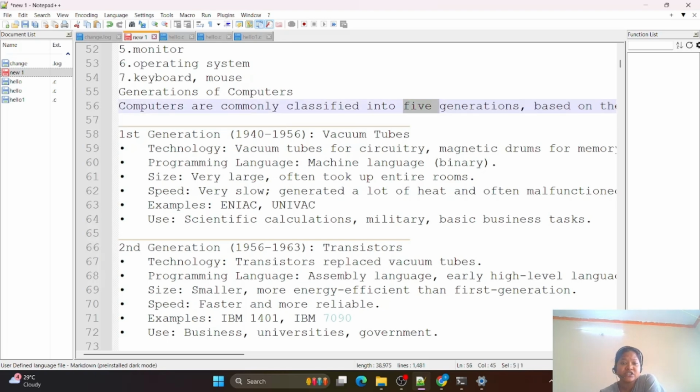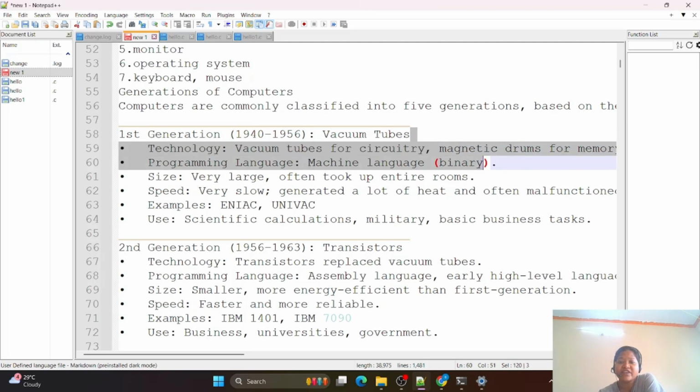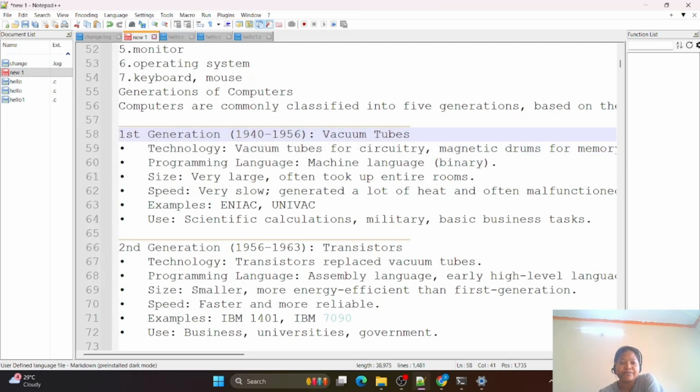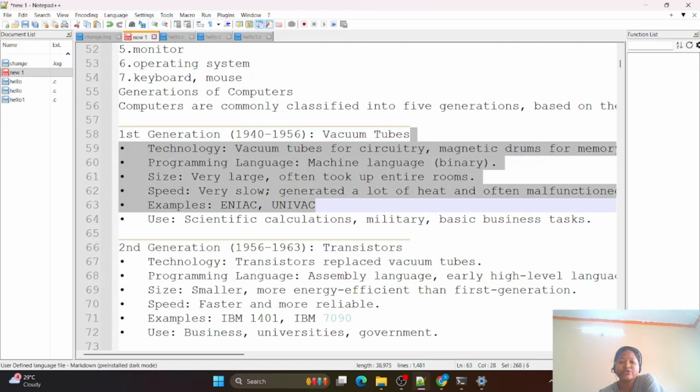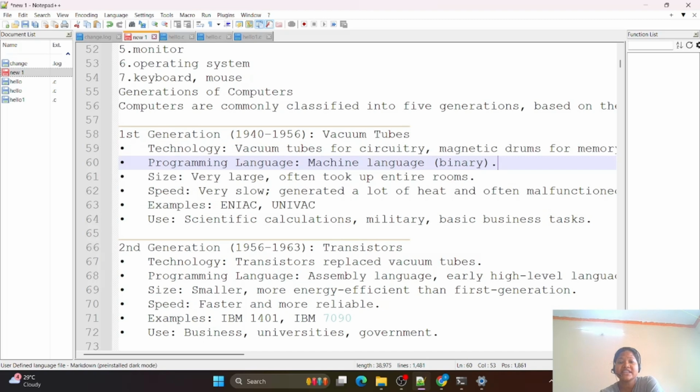Okay, so first generation, the time period was 1940 to 1956, and at the time vacuum tubes were used as a technology. Vacuum tubes for circuitry, magnetic drums for memory were used. The programming language used at the time was machine language.